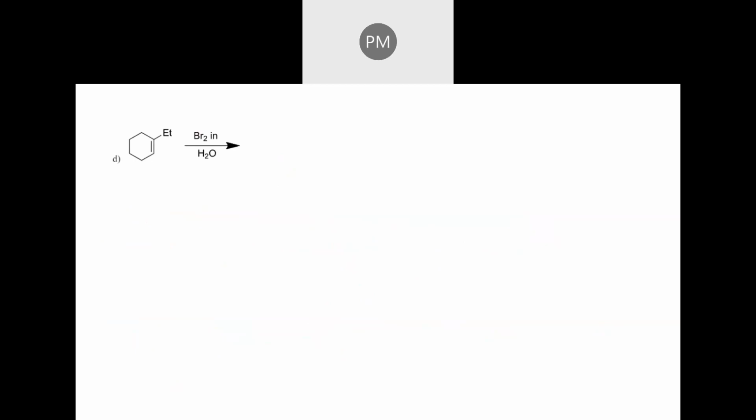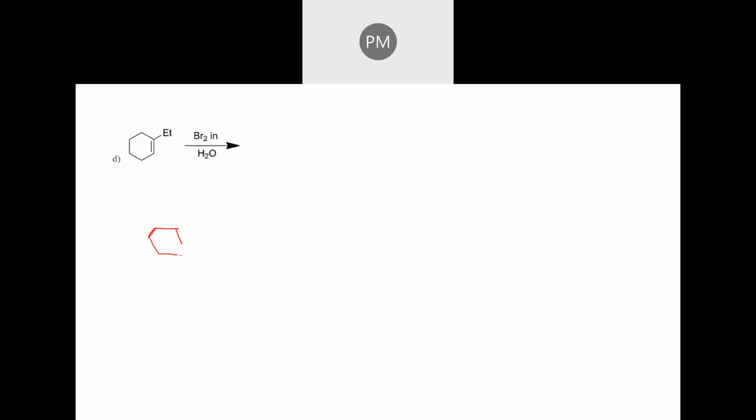Now the next example was a bromine and water reaction. So what will form in the bromine and water reaction? This bromide forms a three-membered ring. So this reaction goes this way.